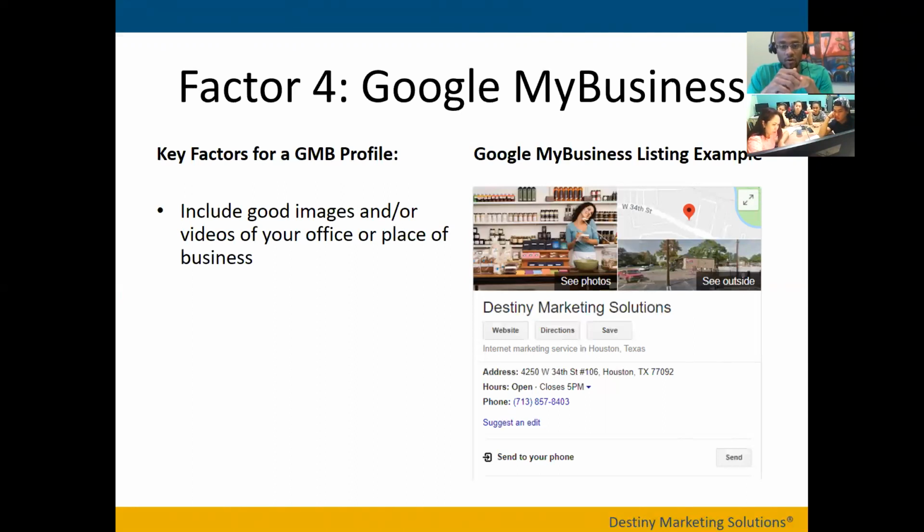Images are a great way to do that. If you take images on the inside of your office, like of your desk, it's different for different businesses. But say you were a hairstylist or had a salon, pictures of people getting their hair styled or under the hair dryer would be really good images to include on your Google My Business profile.